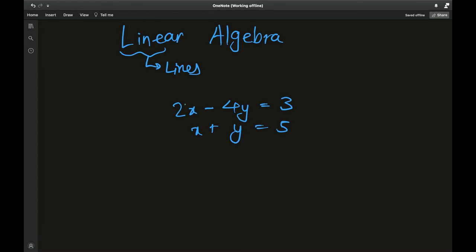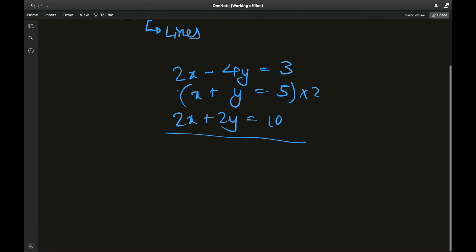You try to basically match the coefficients by multiplying the bottom equation by 2. So we get 2x plus 2y is equal to 10 in the bottom equation, and then you want to get rid of the x. So what you do is you subtract the bottom equation from the top equation.